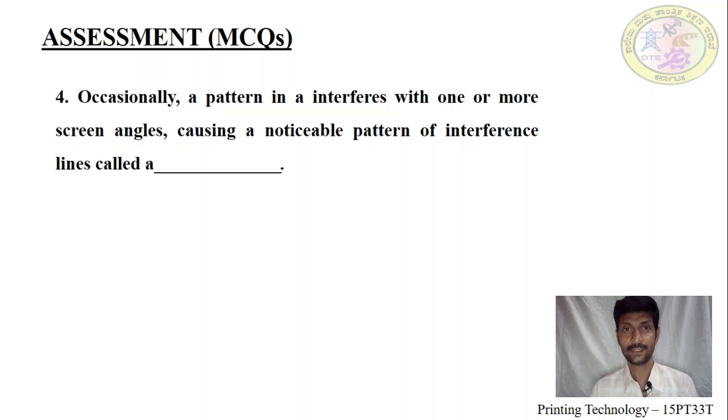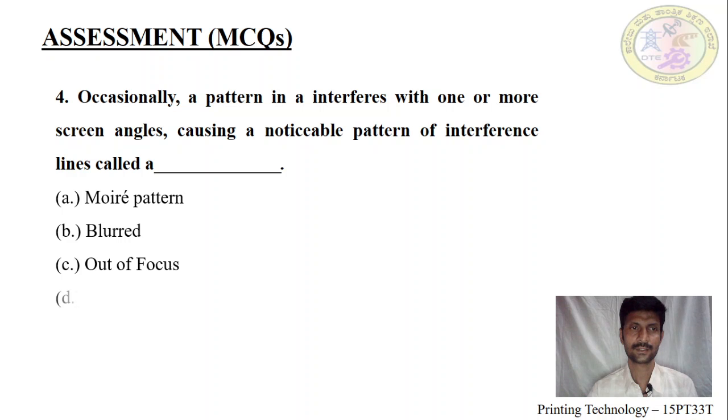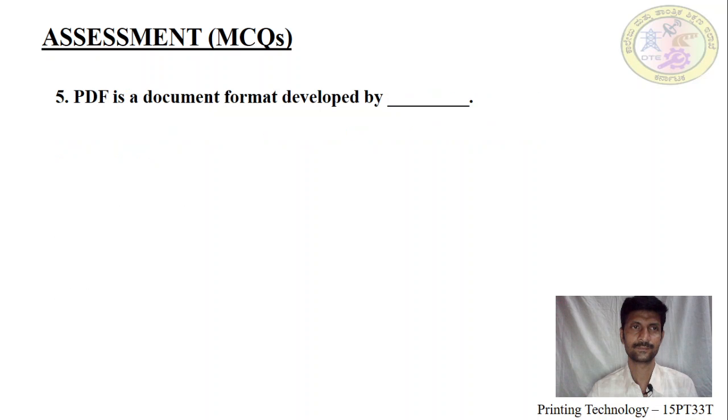If the angle of one or two colors interferes or is the same, then we will get a moiré. Sorry, I gave the answer, but I told you the pattern is noticeable to the human eye. If it is not noticeable, then we will get a fine quality of continuous tone image. Moiré pattern, blurred, out of focus, or none of the above.